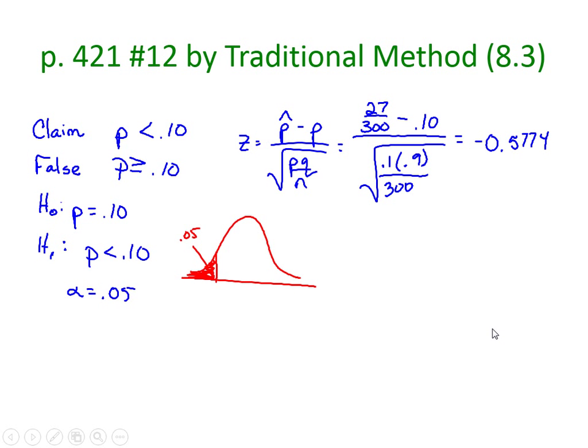So I want that 5% to the left, which is the one at the bottom, the negative 1.645, because that's putting all 5% of it in that left tail. So that is my critical value. My critical value is the negative 1.645. My critical region is this region that we have shaded that is to the left of that negative 1.645.